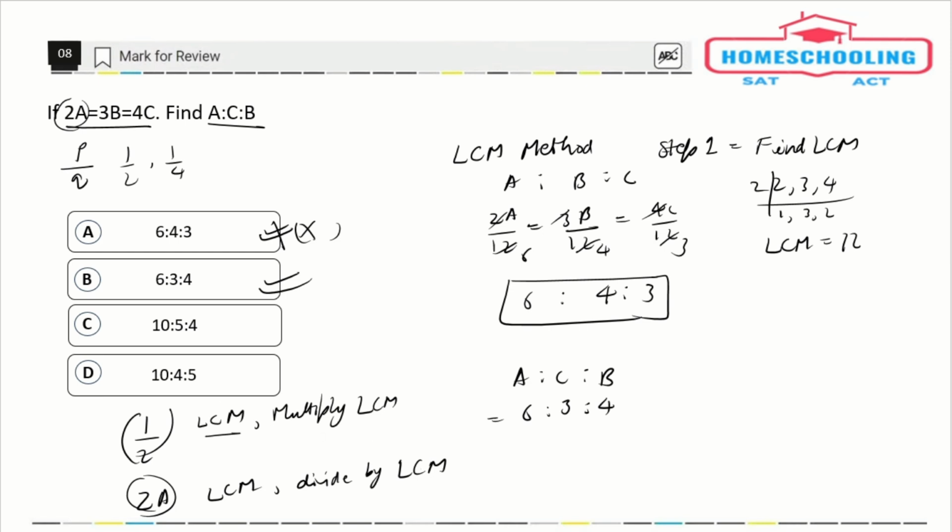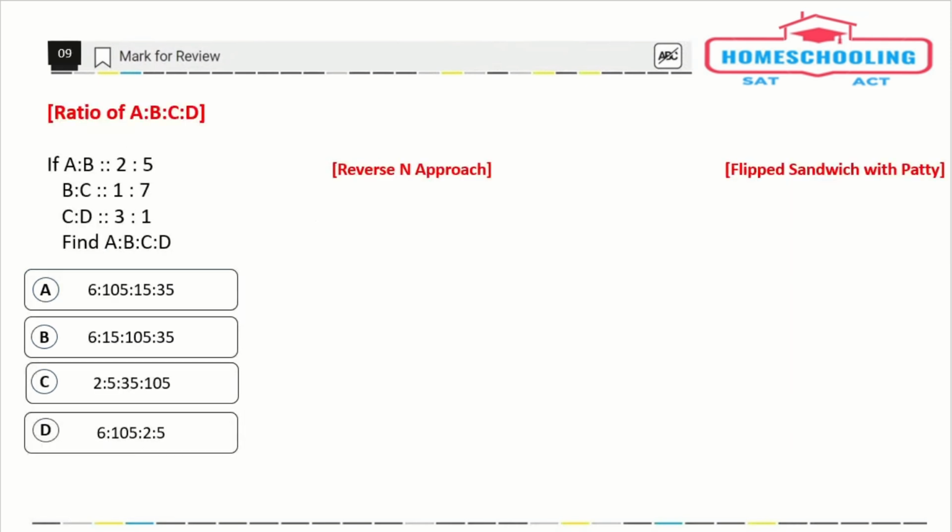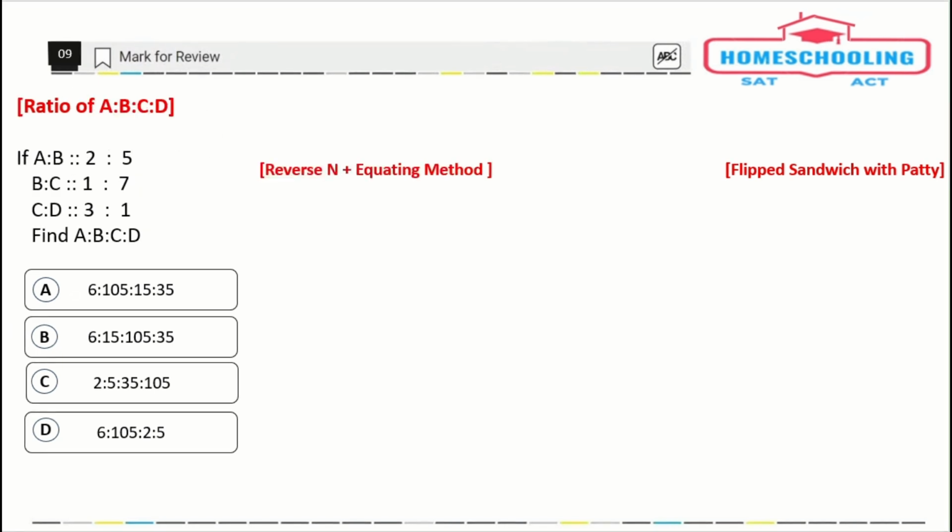Now moving to the next type of question. Here we can see that there are 4 variables A, B, C, D. A is to B is 2 is to 5, B is to C is 1 is to 7, C is to D is 3 is to 1. We have to find A is to B is to C is to D, the ratio of all these 4 terms.